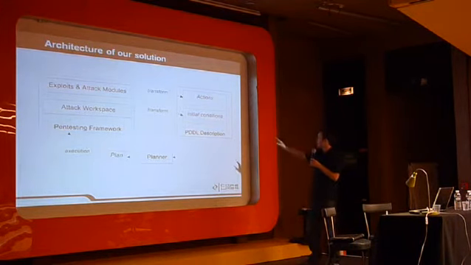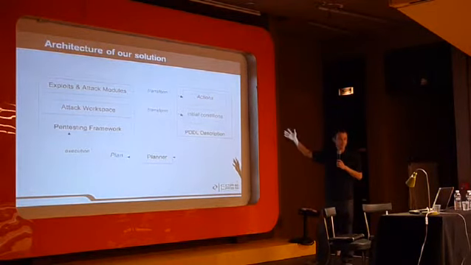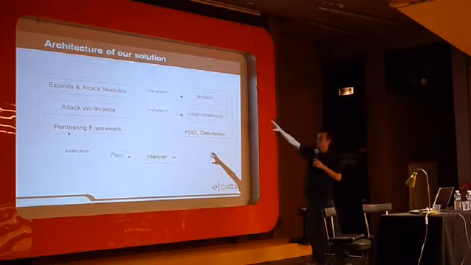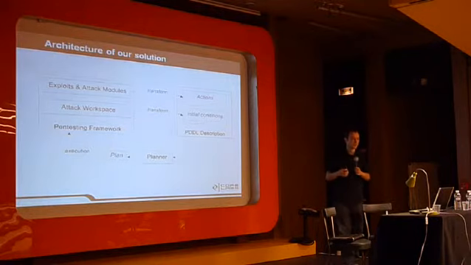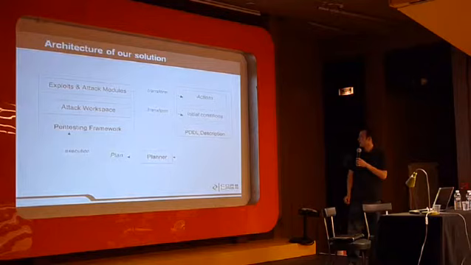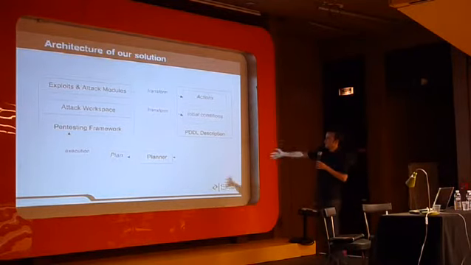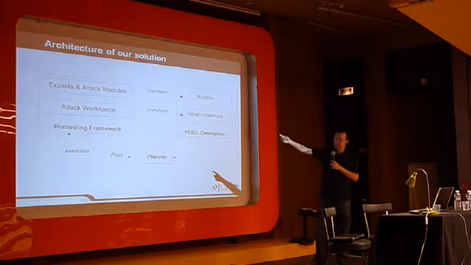And in this description, you have the actions, which are basically the translation of all the exploits and modules that you have. And you have the initial conditions that make for the particular problem. And this is giving us input to the planner generates a plan, and then we execute the plan with the framework.